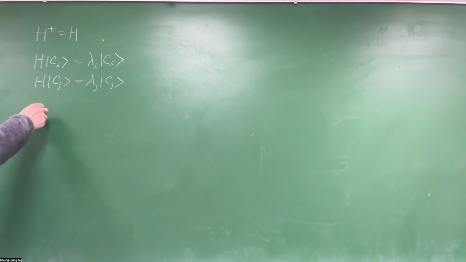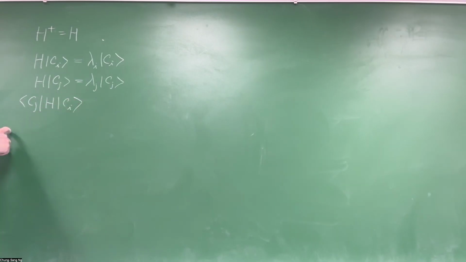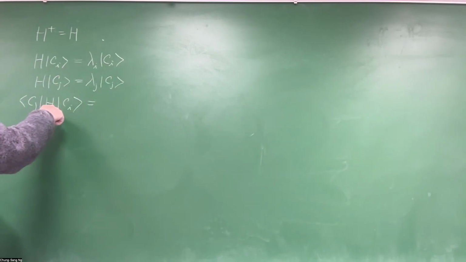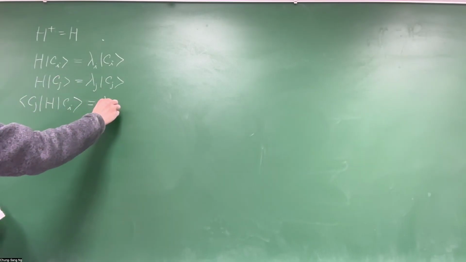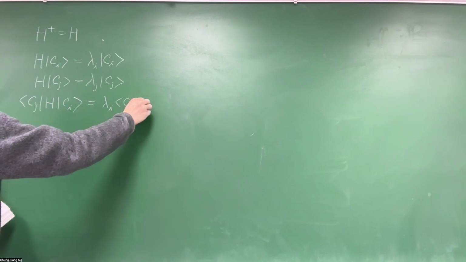So we now take the scalar product between C sub j and H C sub i, right? And now let's substitute this in here, so it's lambda i, C sub j, C sub i.